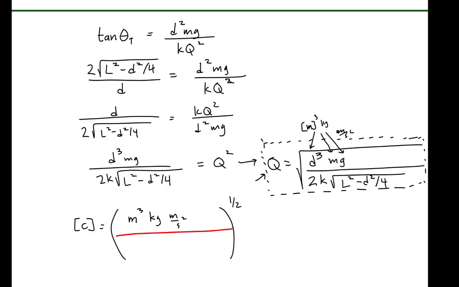Constants like 2 are unitless, so you don't need to include that in your unit check. k has the units of newton meter squared per coulomb squared. You should go ahead and double check that. And then I know I have a square root of distances squared. So L squared is a meter squared.